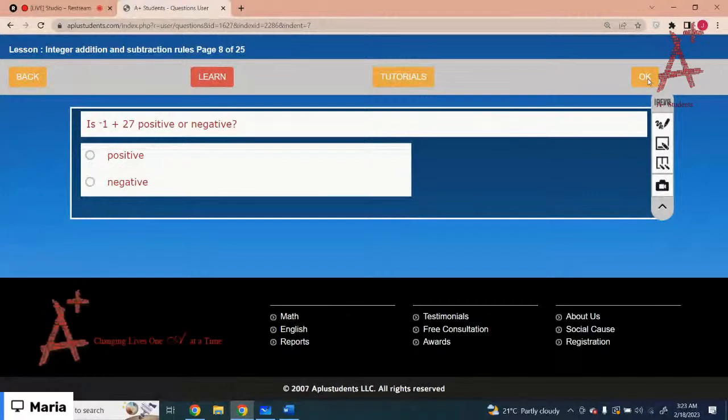Okay, the next one is negative 1 plus 27, positive or negative? So which is the correct option? 27 is a greater number. Got it? And 27 is positive. So the answer must be positive. Got it? So the correct option is positive.